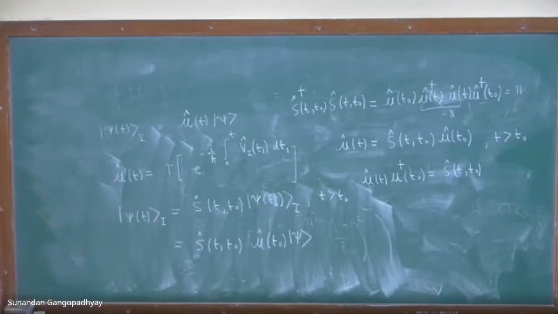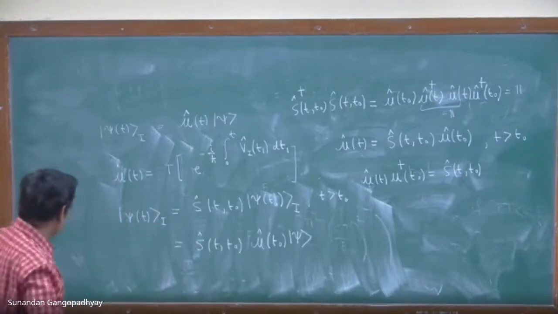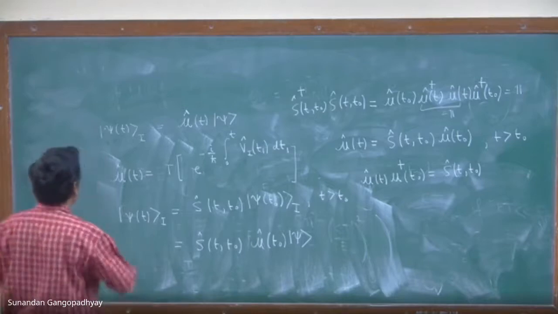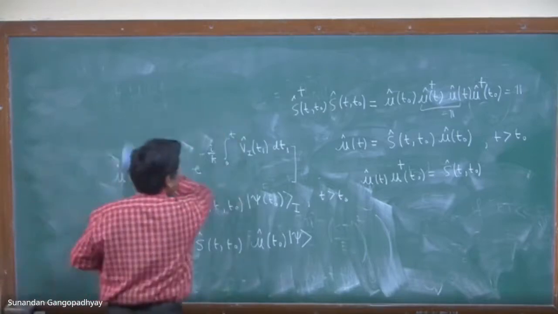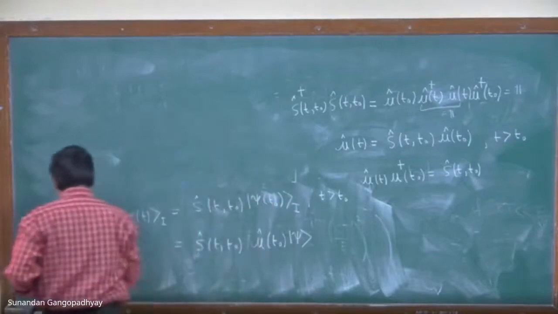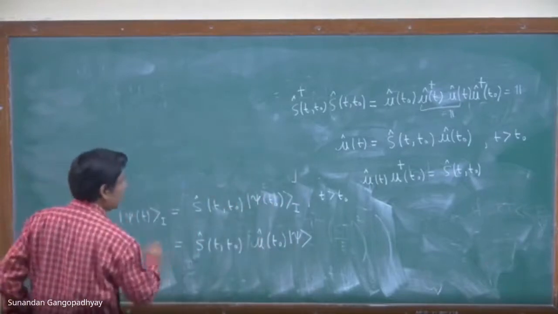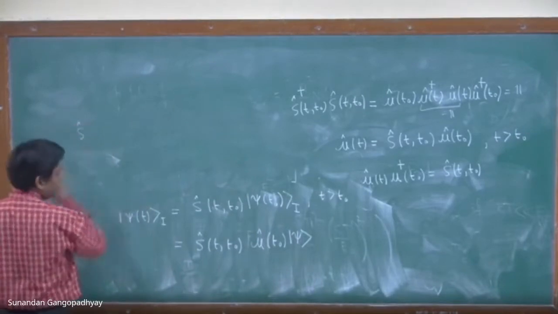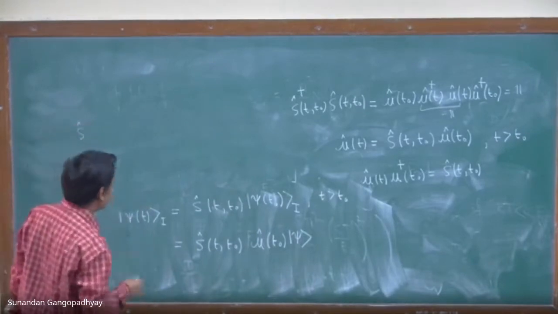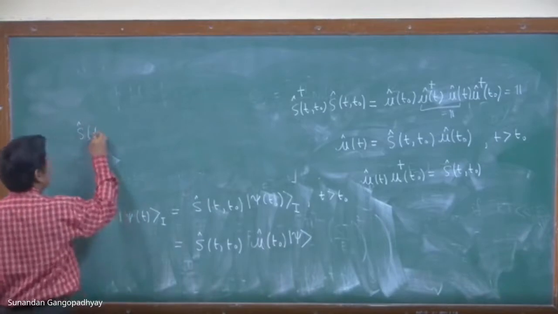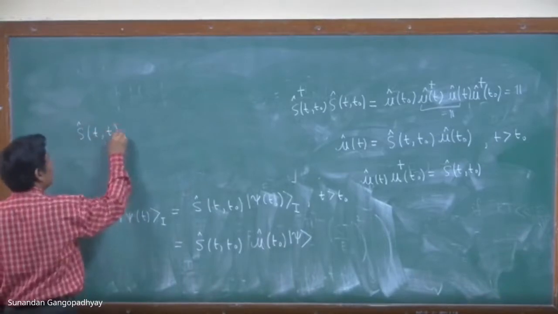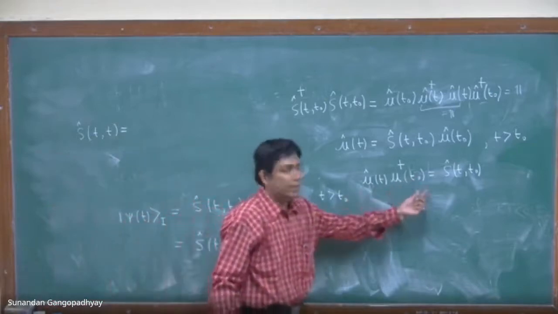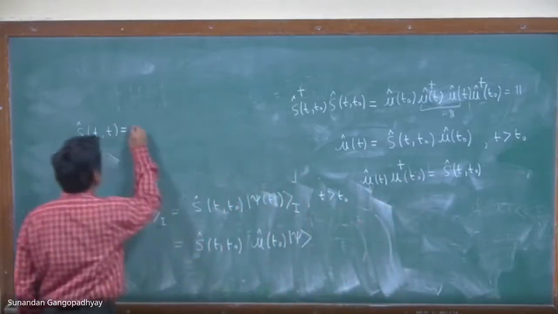And you can show some other interesting properties of this operator S hat. So let's see what these are. The first immediate property is that if you take S hat t comma t, it will be U hat t U dagger t, therefore that is identity, because U is unitary.